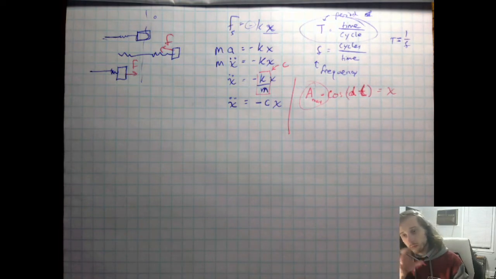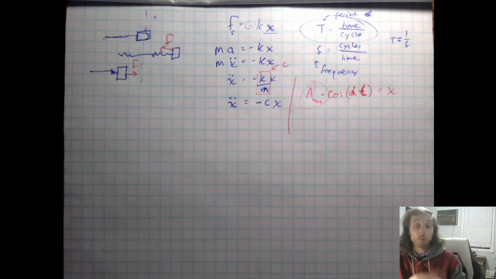Let's see if this meets the criteria of having our second derivative equal the thing that we had originally, but negative. If it does, the function works, and we can use that as our function to model x.